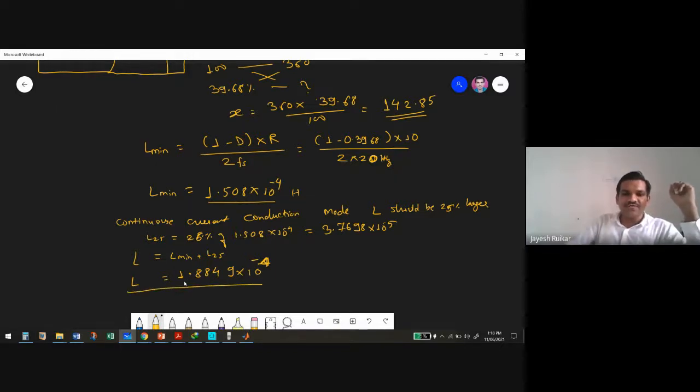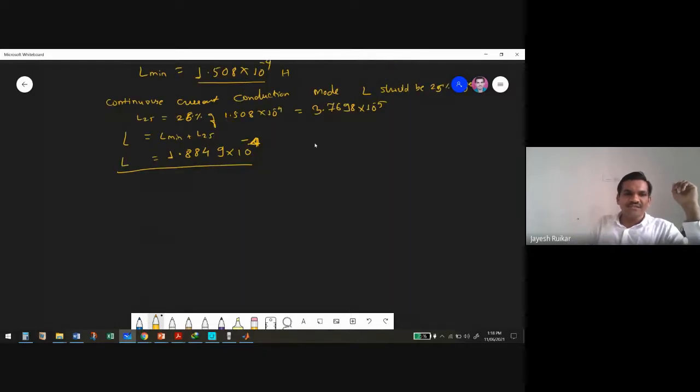Now we need to find out the value of capacitor. So the capacitor value formula is (1 minus D) whole divided by 8 into L, and then the ripple voltage is there. You can see that it is change in output voltage divided by complete output voltage, which is your ripple, and then it is multiplied with your fs square.